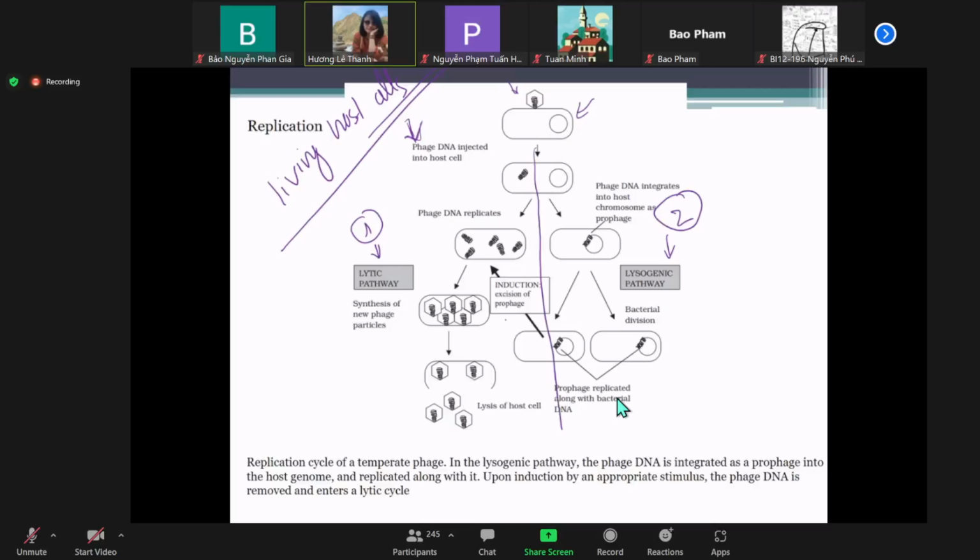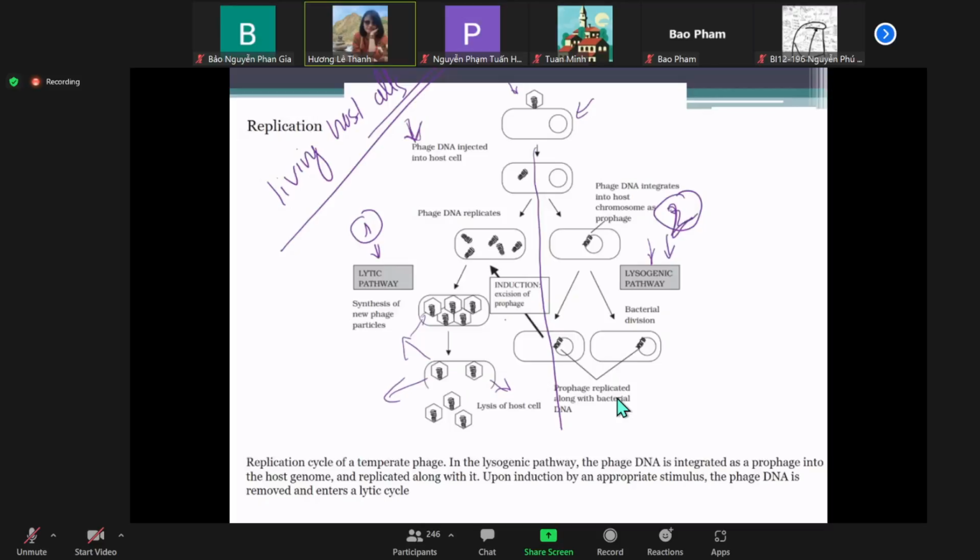In the lytic pathway, the virus replicates its DNA and also synthesizes new proteins inside the host cell, packages them into new viruses, and releases them into the environment by breaking down the membrane of the host cell. The second pathway is the lysogenic pathway.